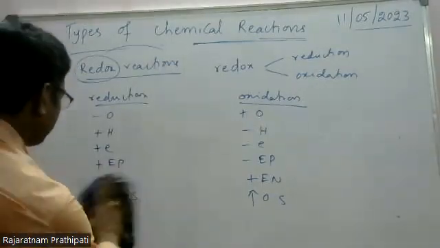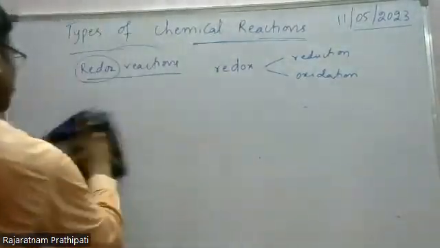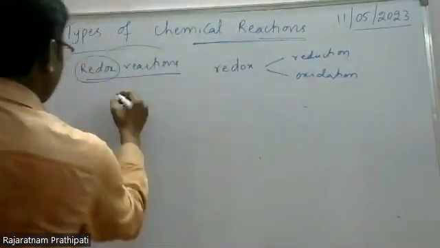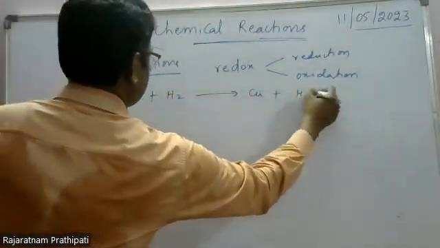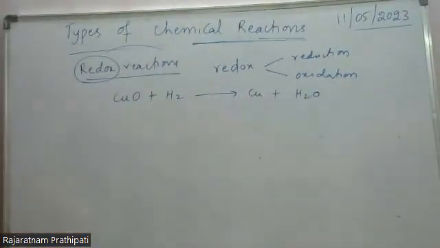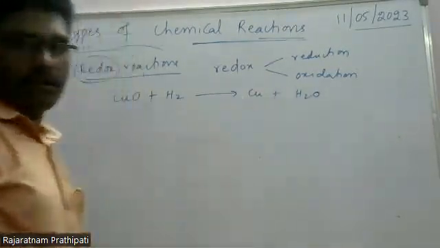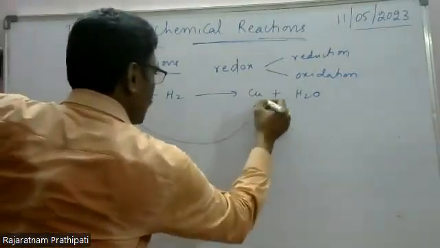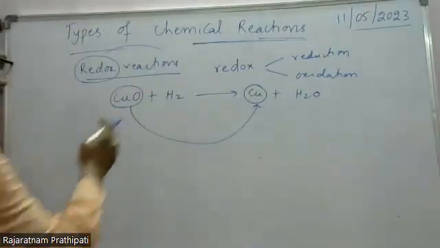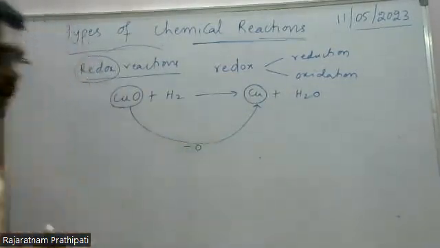Let us check some examples now. Copper oxide plus hydrogen gives copper plus H2O. This is a very basic example. Cupric oxide plus hydrogen gives copper plus water. Copper oxide is the reactant converted to copper. During this conversion, oxygen is eliminated.